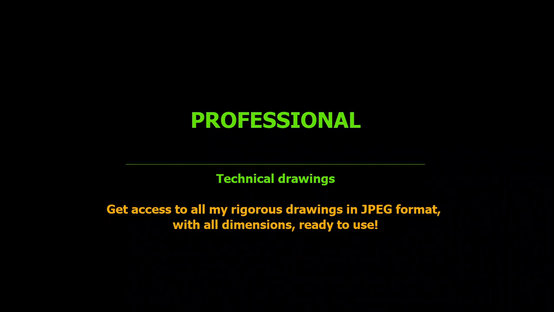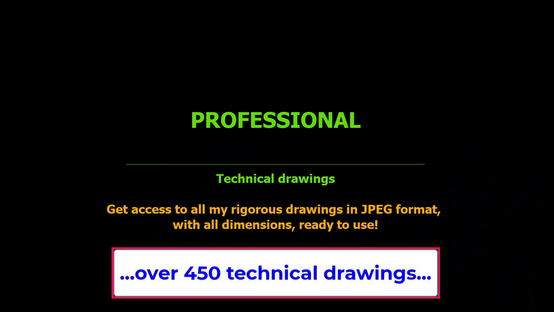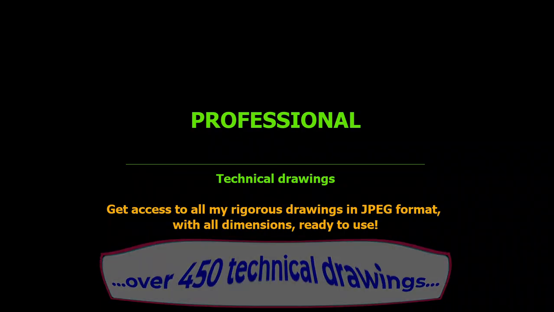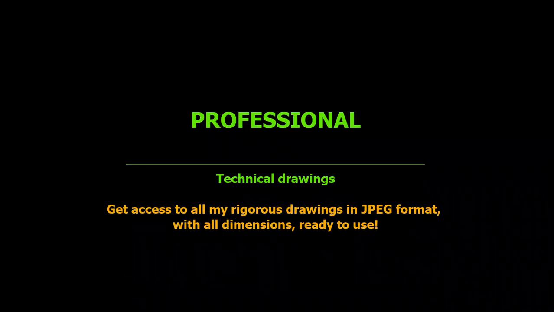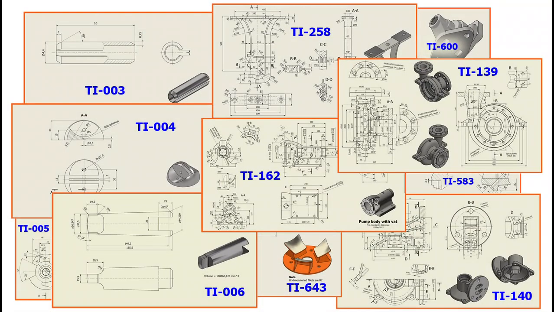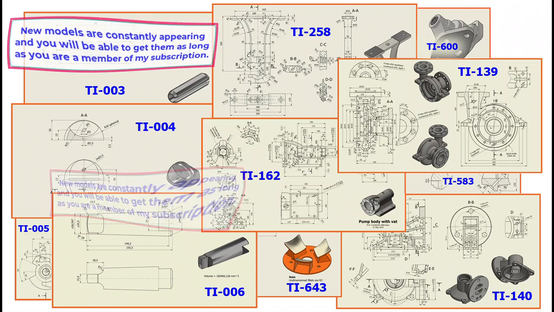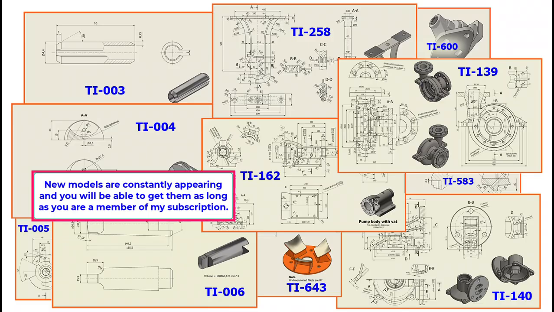Using Professional perk, you can get on your computer the over 450 technical drawings that accompany the models in the tutorials, from the simplest to the most complicated, as seen in this image, my friends. New models are constantly appearing, and you will be able to get them as long as you are a member of my subscription or membership.